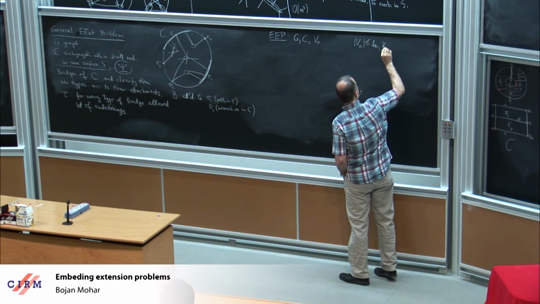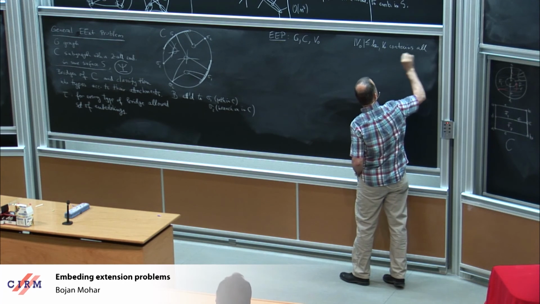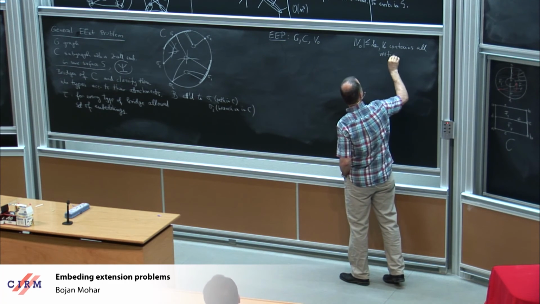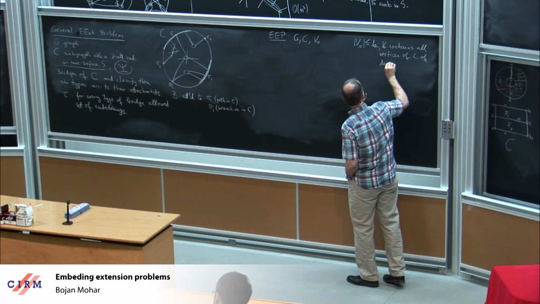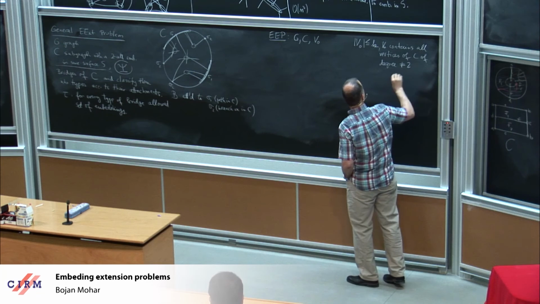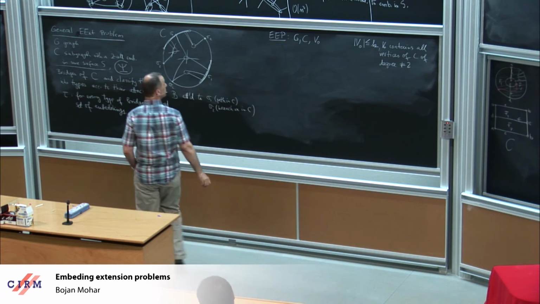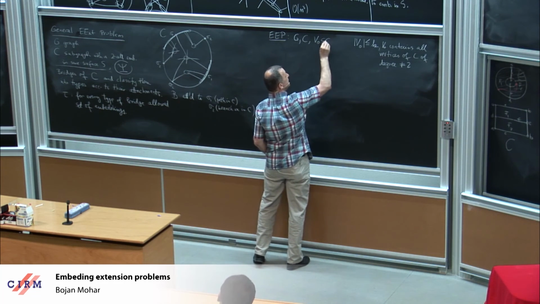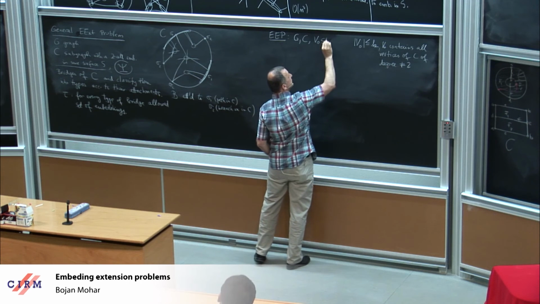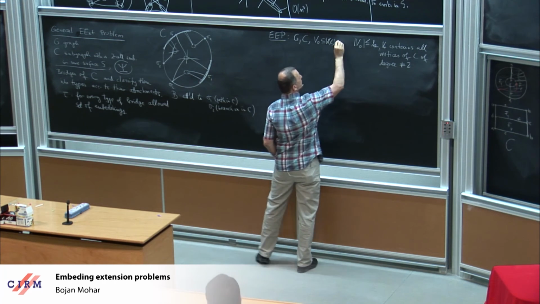And V0 contains, in particular, all vertices of C of degree different from 2, and maybe some vertices of degree 2 as well. So that's possible too. So V0 is a subset of the vertices of C. And then we have the two, psi and tau.